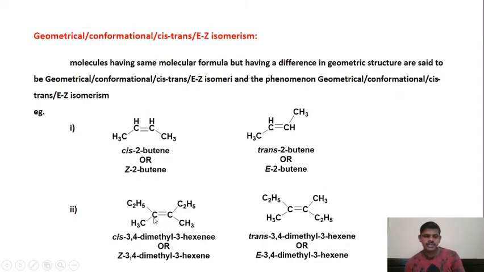One time this is third and this is fourth, and measuring from the other side this is third and this is fourth. So in both structures the bond is between the third and fourth carbon, so this is 3-hexene. Two methyl groups are attached to the third and the fourth carbon, so it is 3,4-dimethyl.